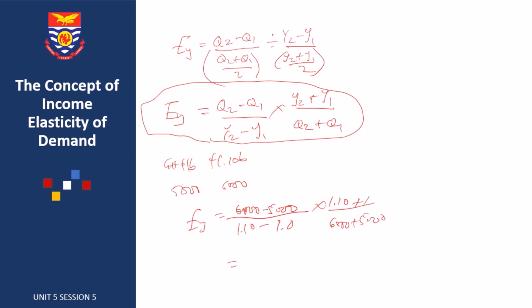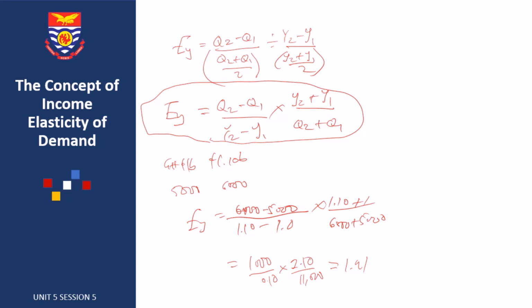When you use your calculator and do some simplification, you get 1,000 over 0.1, multiplied by 2.1 over 11,000, which gives us 1.91.